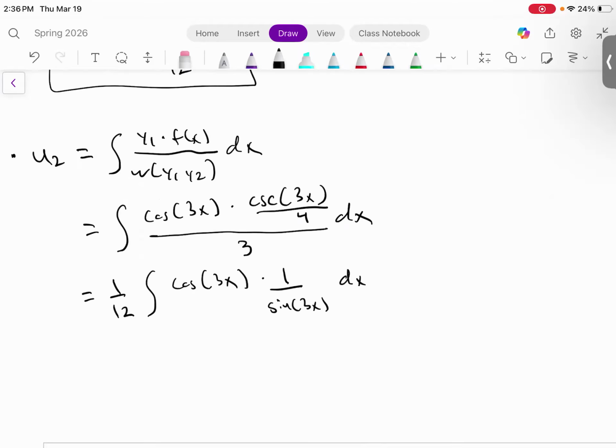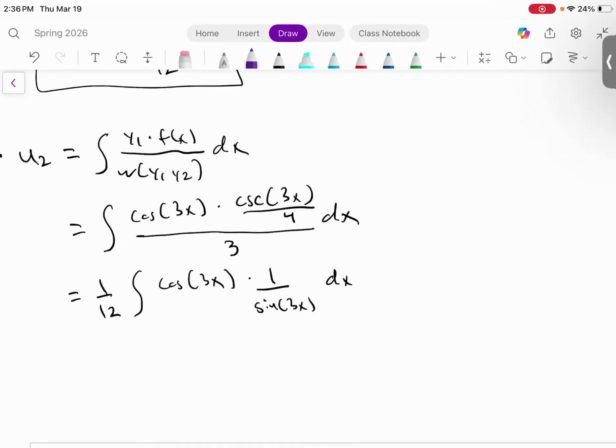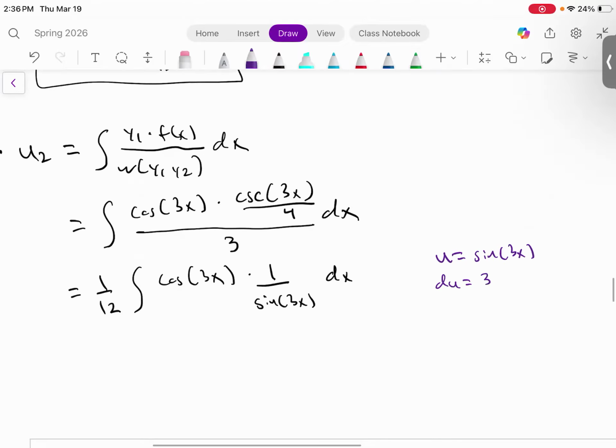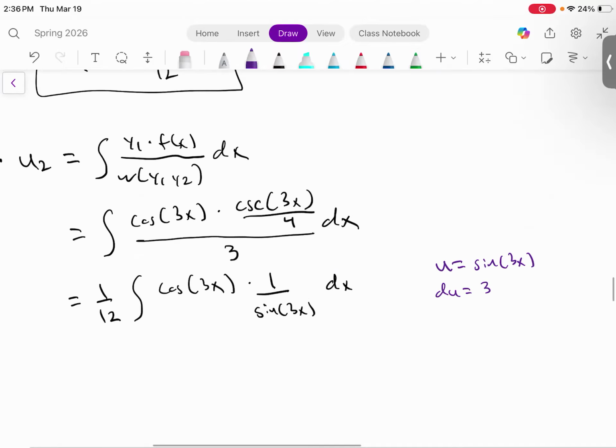We need to figure out a way to integrate. And here, what we can recognize is that this is going to be a u sub. So u would be sine of 3x. du would be 3 cosine of 3x dx. Be careful with the chain rule.